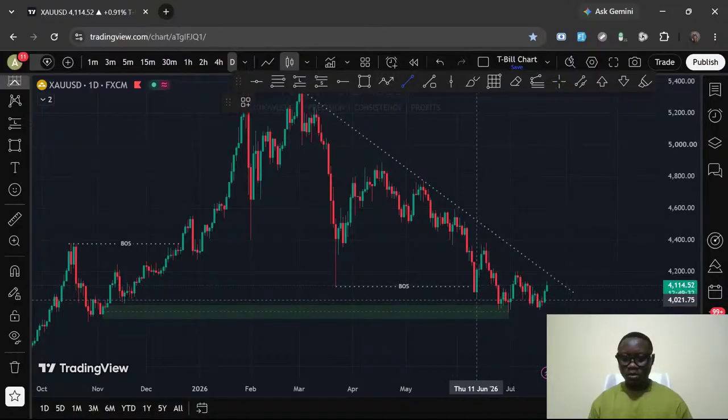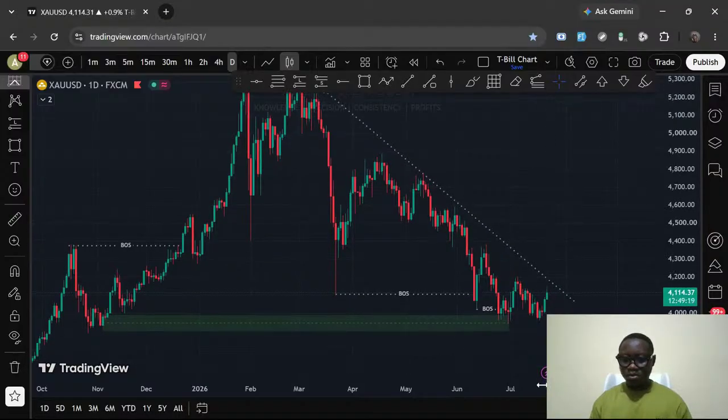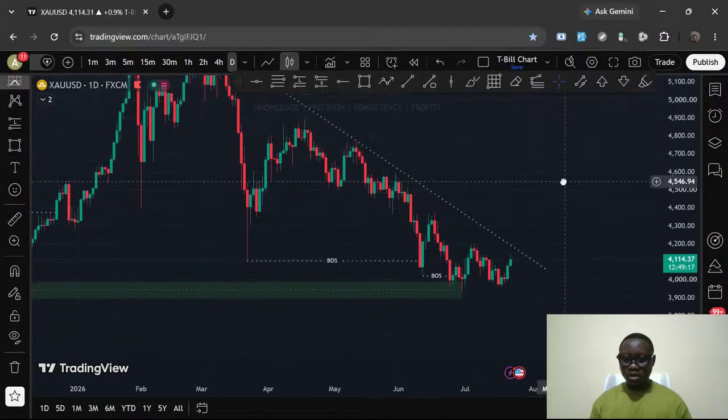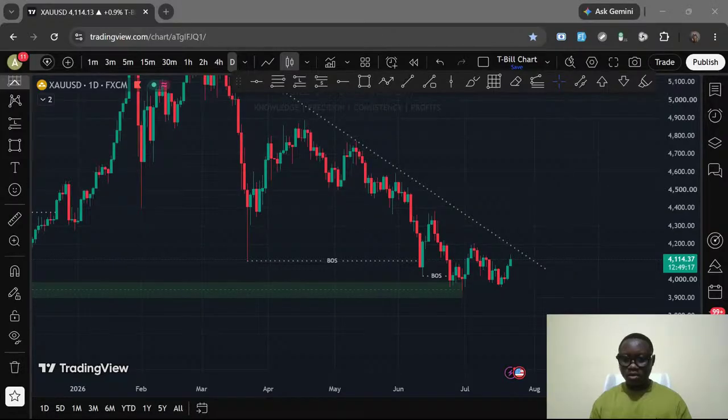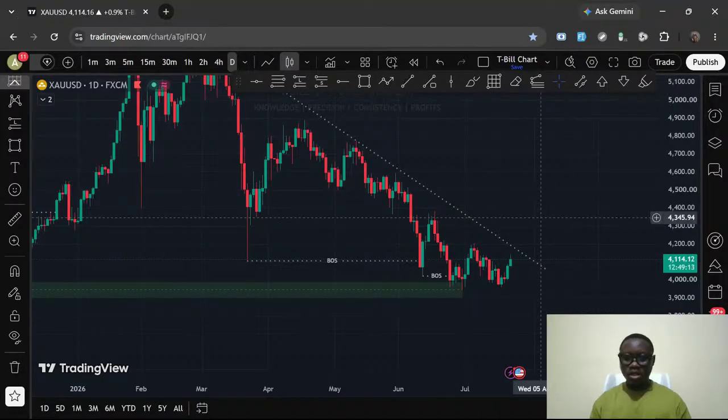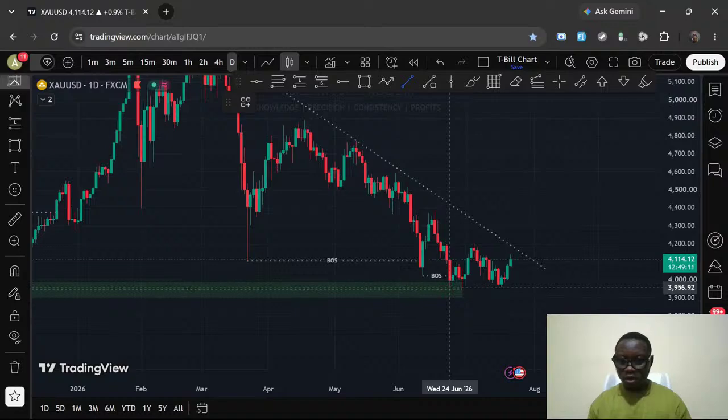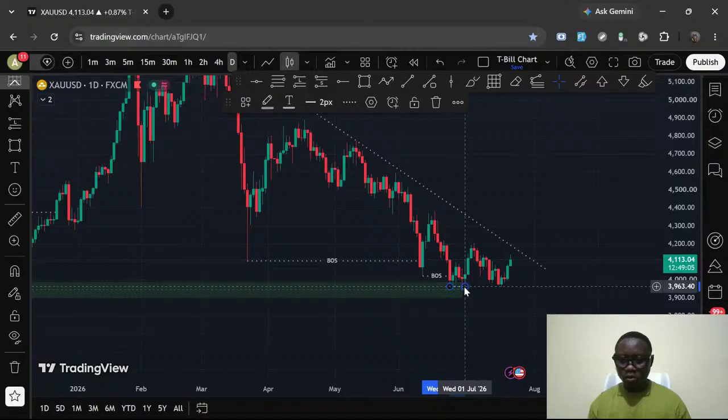So we got this break of structure right here, BOS, and there's also this break of structure right here, although it was rejected, it is important we acknowledge it. So we have this break of structure, BOS.